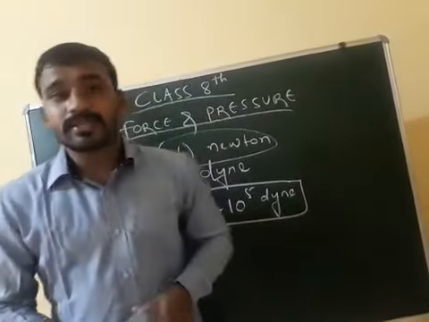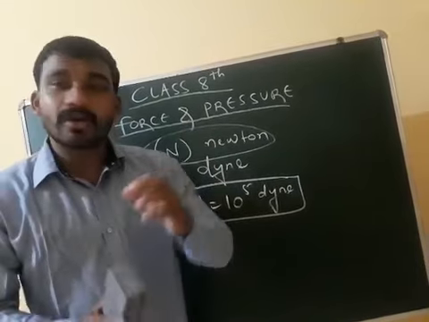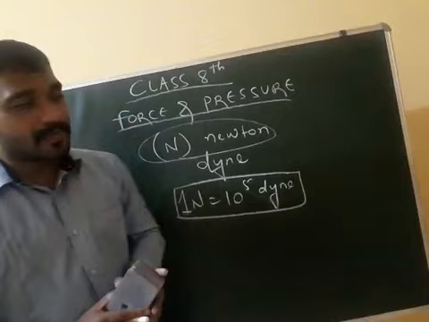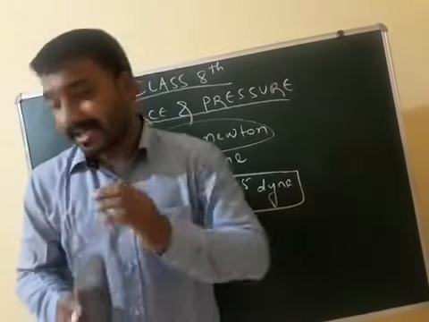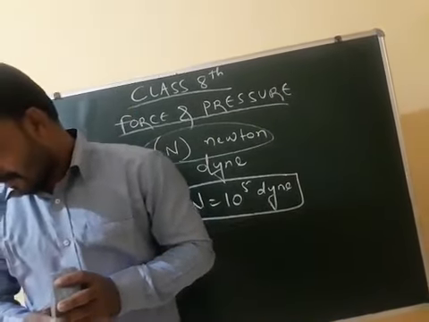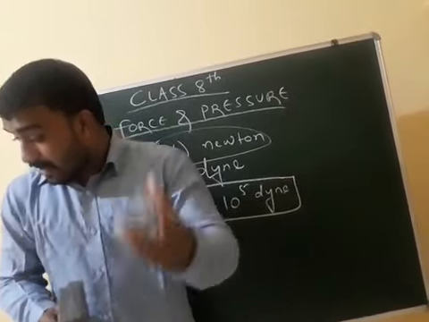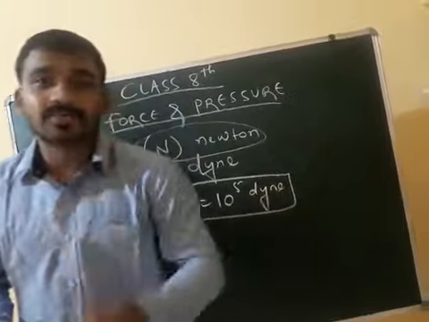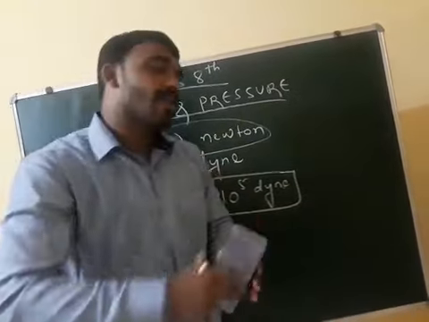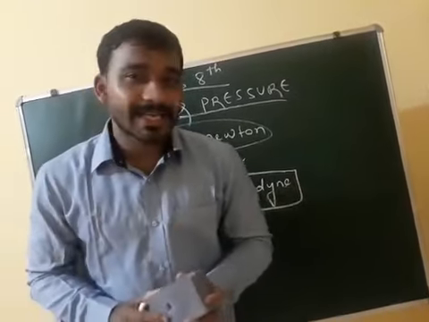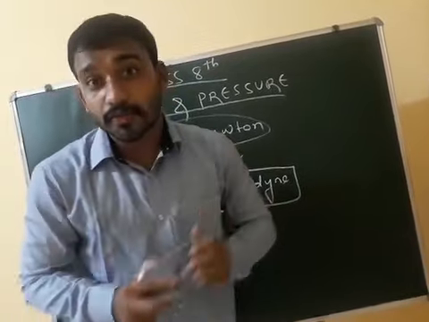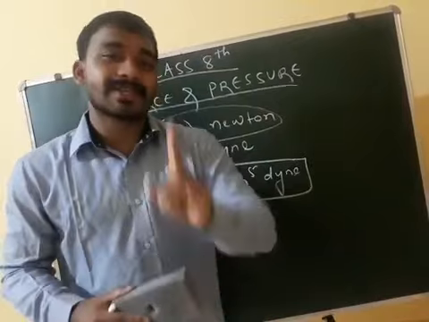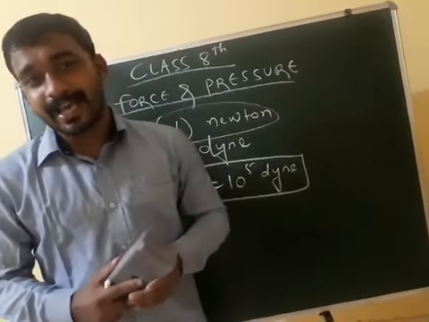The SI unit of force is Newton, and 1 Newton of force is defined as the force which, when applied on a body of mass 1 kg, increases its speed by 1 meter per second.